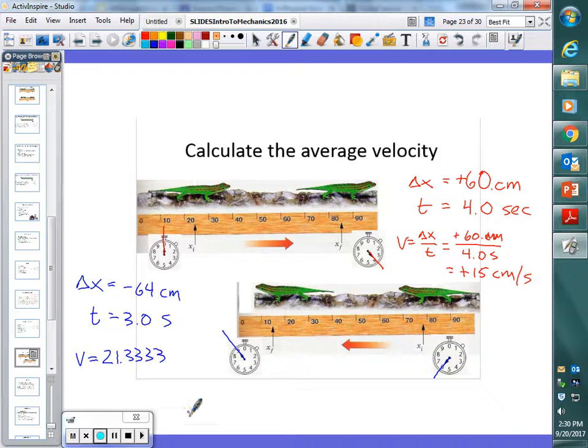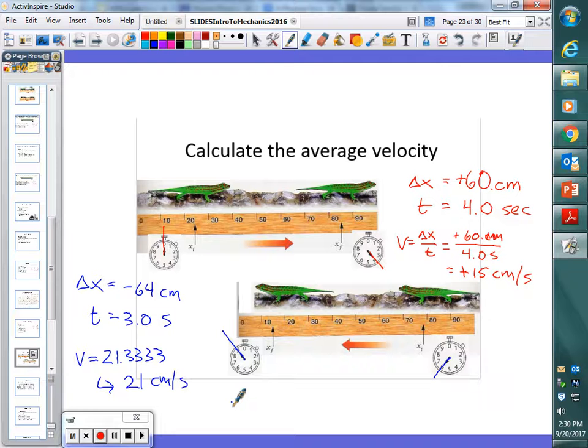That's what your calculator tells you, right? How many significant digits? There can only be 2, right? So the 2 would be significant. The 1 would be significant. We look at the next number, it's a 3. Do we have to round anything? Nope. So we would just round this answer to 21 centimeters per second, right?